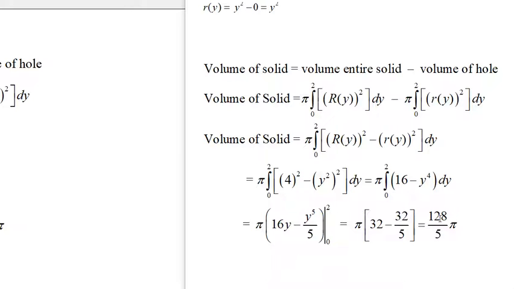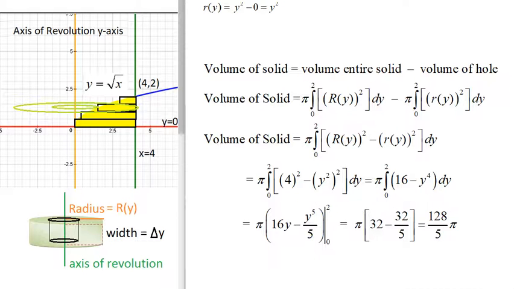And we'll end up with 32 minus 32 fifths, which is 128 over 5, and then times pi. And so the volume of the solid of revolution is 128 over 5 times pi.